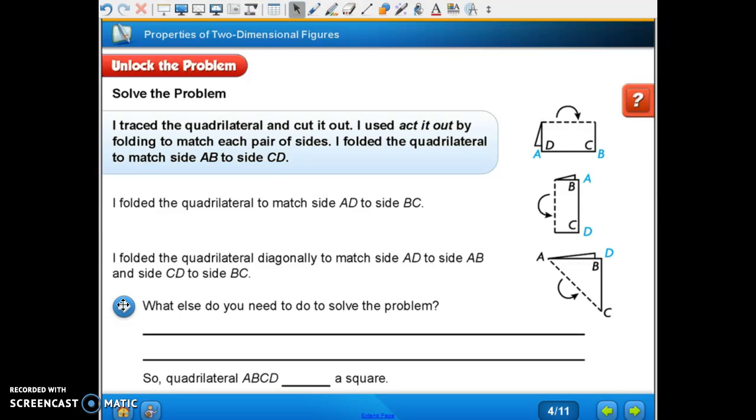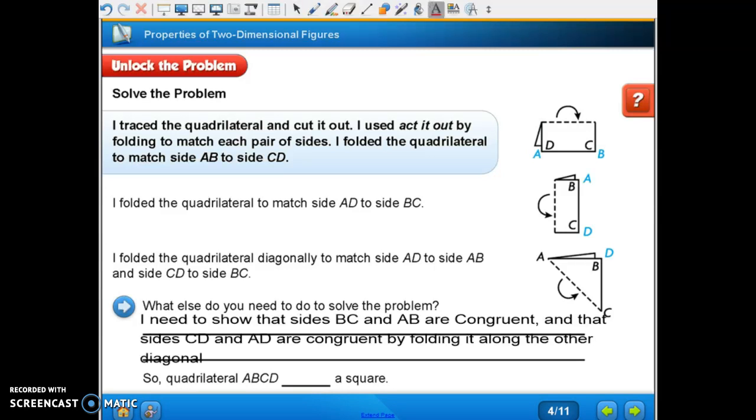What else do you need to solve this problem? I need to show that sides BC and AD are congruent, and that sides CD and AD are congruent by folding it along the other diagonal.